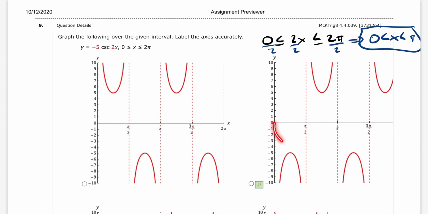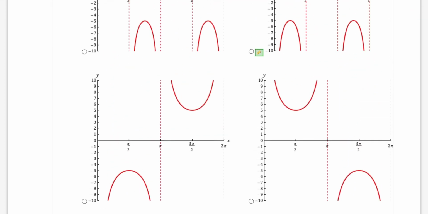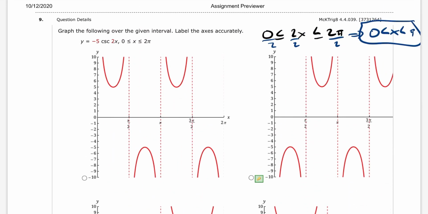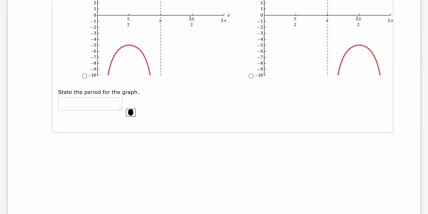And so this would have been the correct one. All right, the period of this graph would be 2 pi over b, which is 2 pi over 2, which is pi. All right, one complete cycle.